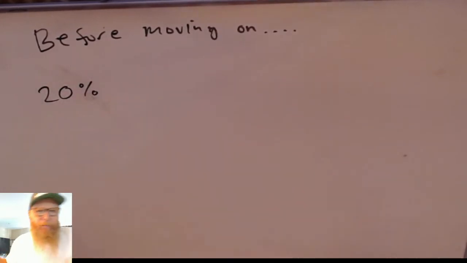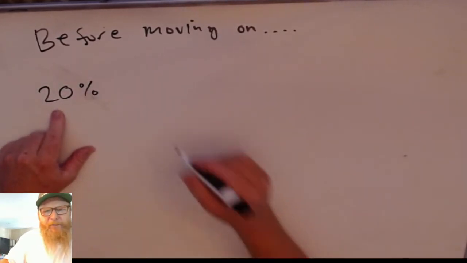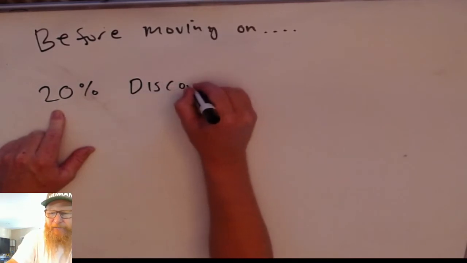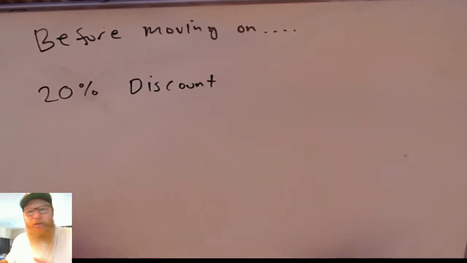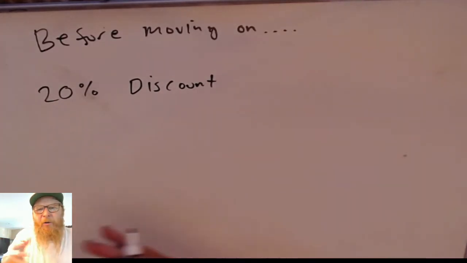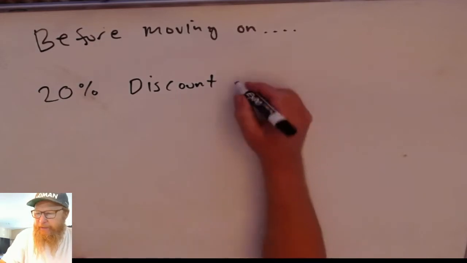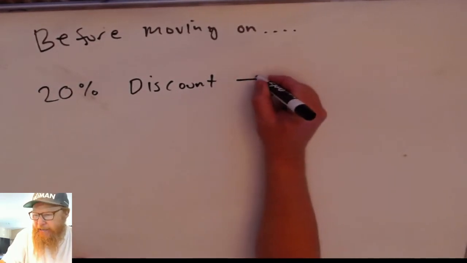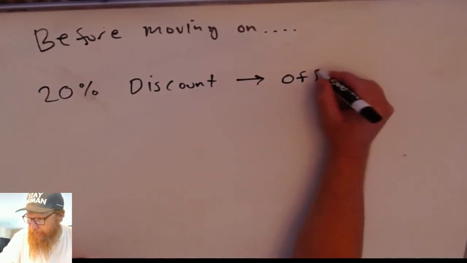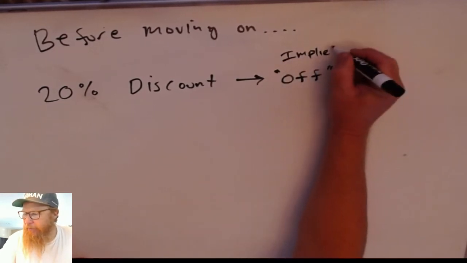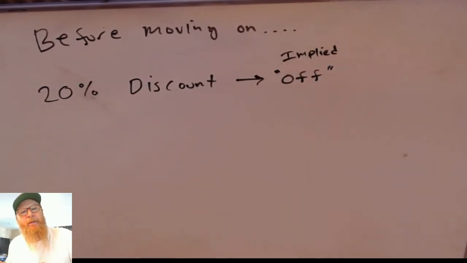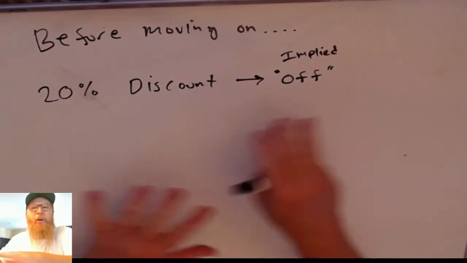Suppose I say 20% discount, and I don't use the terms of or off. This automatically means off. This is what we call an implied off. So it means 20% off.